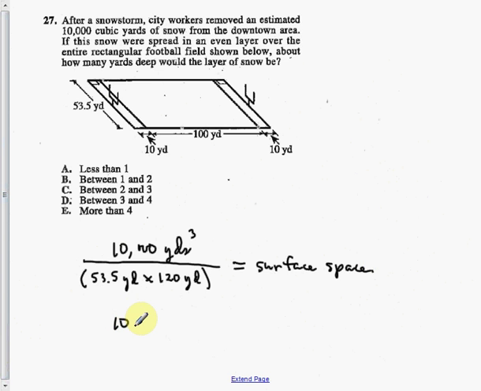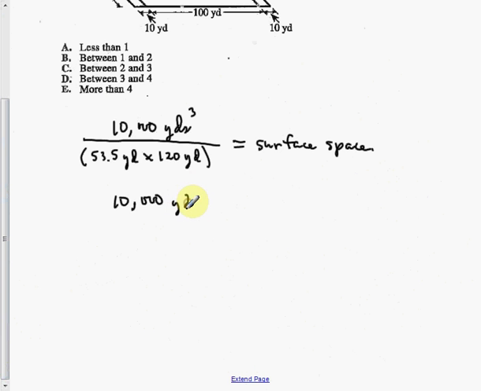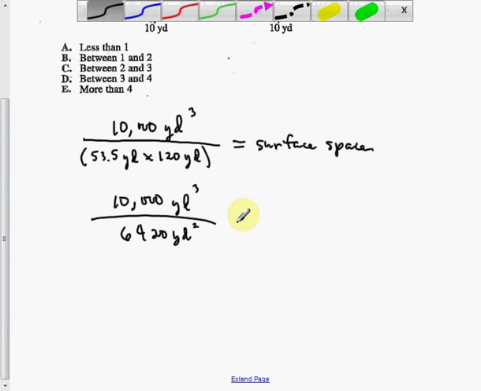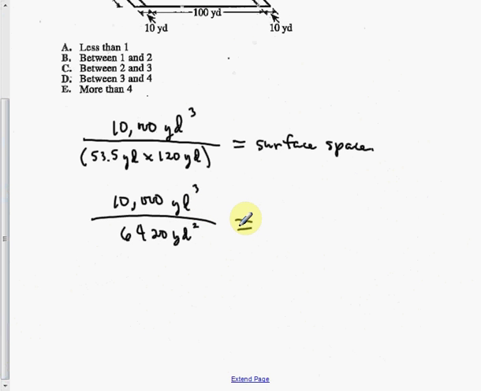So this is 10,000 yards cubed divided by 6420 yards squared. I think that's probably with no S, but it's okay. So then take the 10,000, divide that by the 6420. I need the decimal.